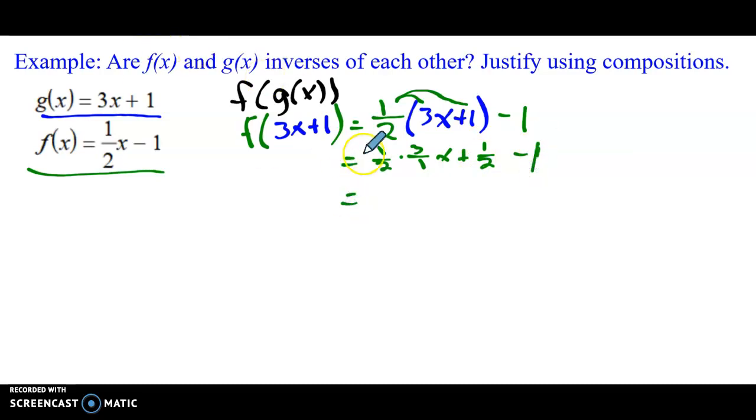Well, right here we can't simplify. We just do 1 times 3, which is 3, and 2 times 1 is 2, so we have 3/2 x plus 1/2 minus 1. I could combine that. I get negative 1/2. Can we simplify anymore? No. So, look, if we don't end up with x, then we know they are not inverses.